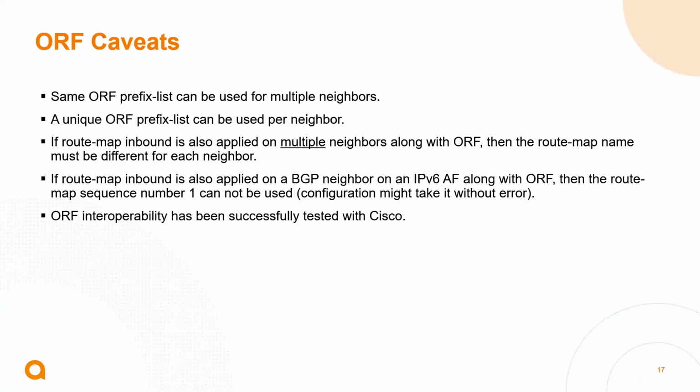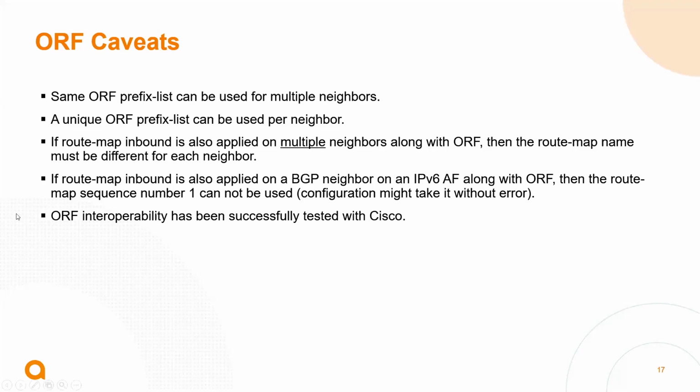If there is a route map that is used inbound and applied on multiple neighbors, along with the usage of ORF, then the route map name for each of those neighbors must be unique. So you must have a different route map name used for each neighbor. So pay attention to that one.